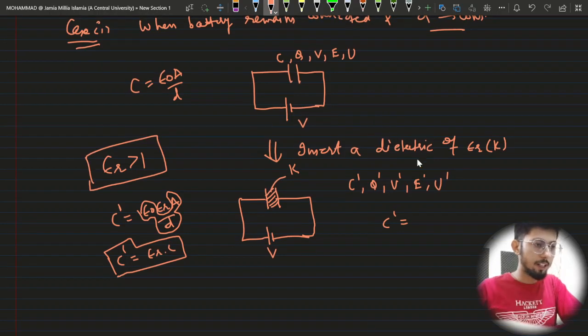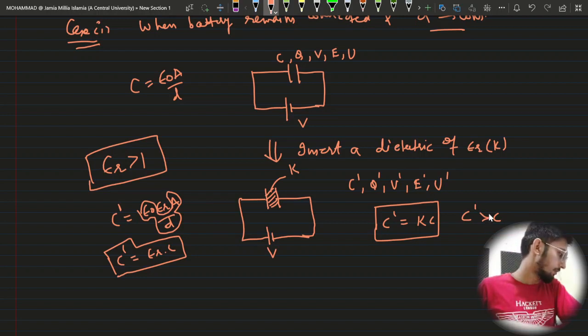So C dash will be K C or epsilon R C, greater than C.